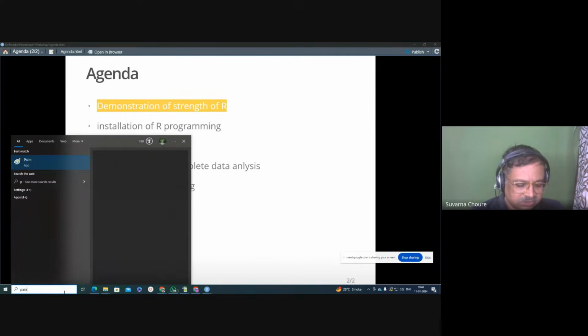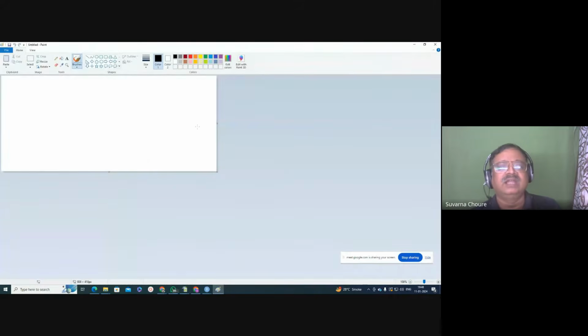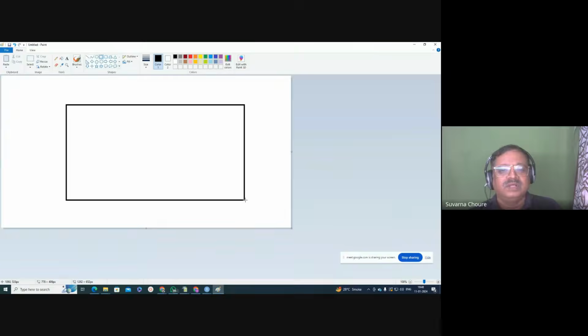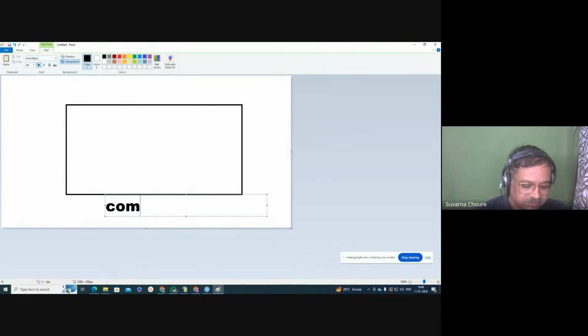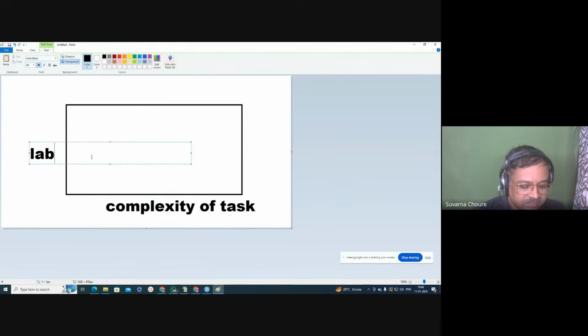That I will show you using that paint. I will try to explain that this is graph, complexity of task, and then labor required.